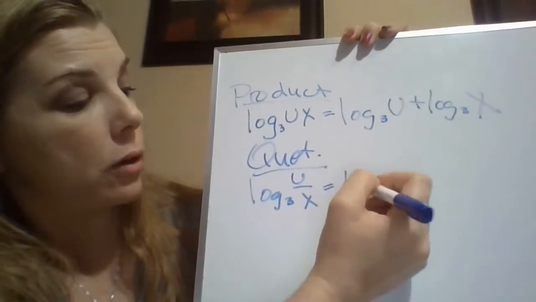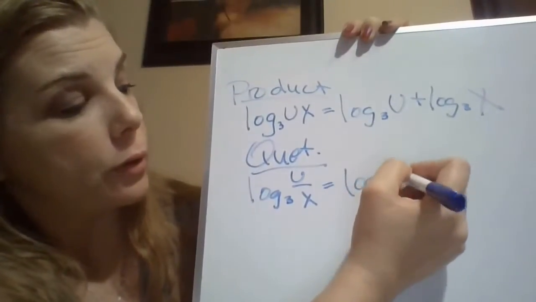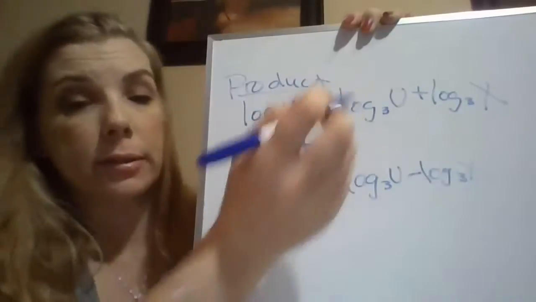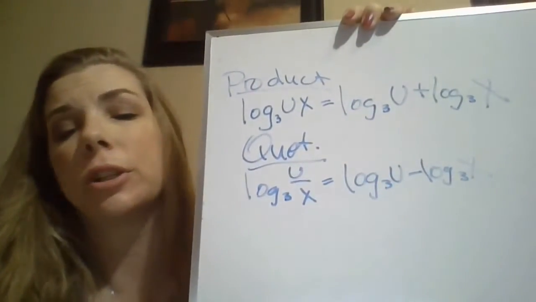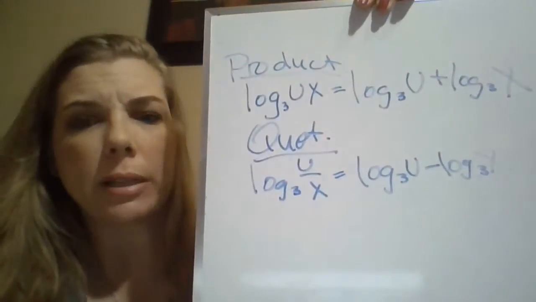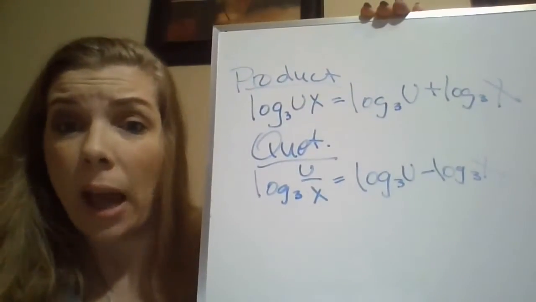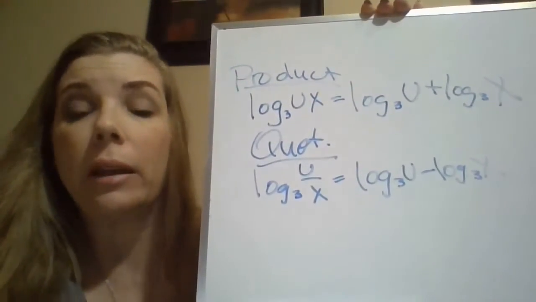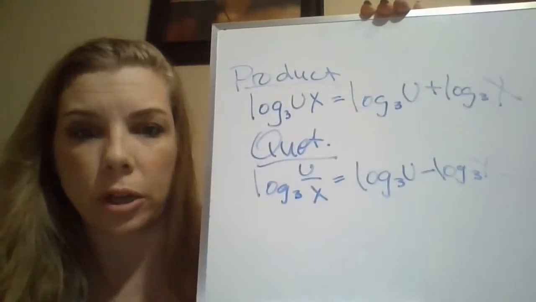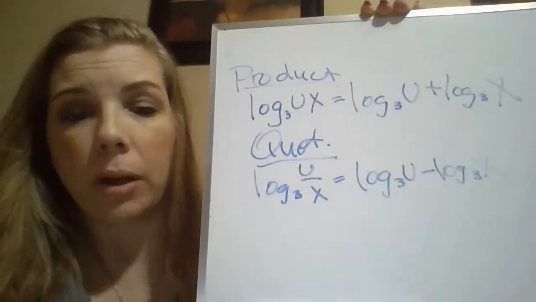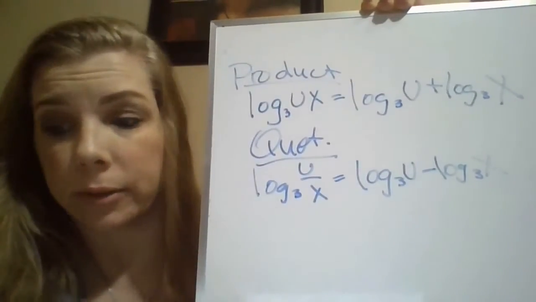So it's log 3 u minus log 3 x. Again, we're just moving things around. Some of you guys keep doing like 20, 30, 40 problems in an hour. Like, guys, we're just moving things around. If you get stuck, screenshot, ask for help. Refer to this video. You can pause it, you can rewind it, you can do whatever you got to do.